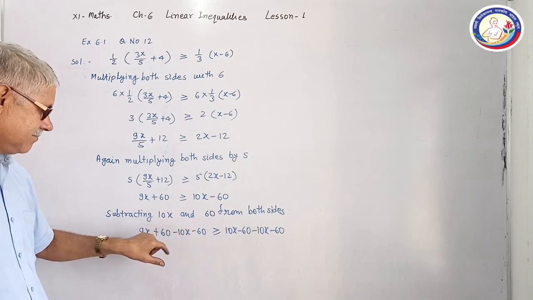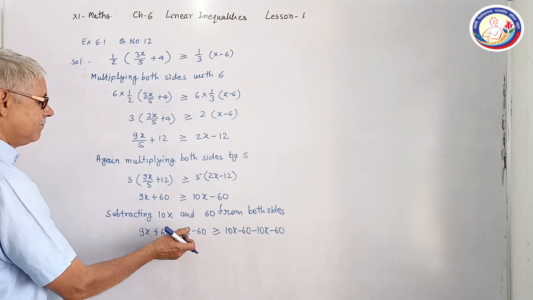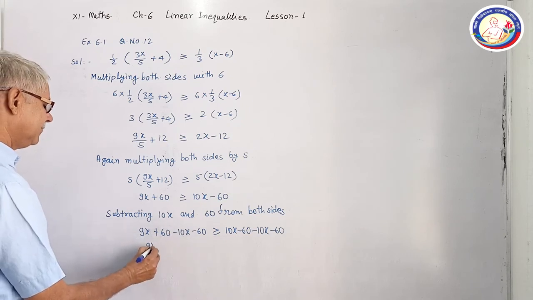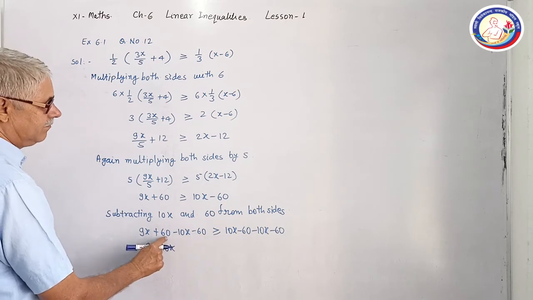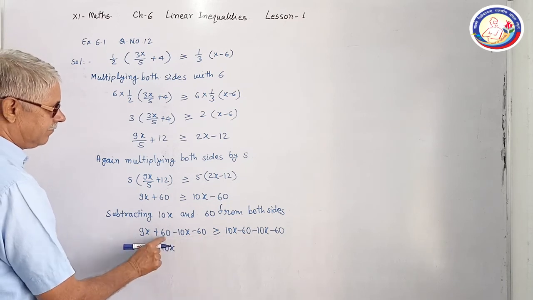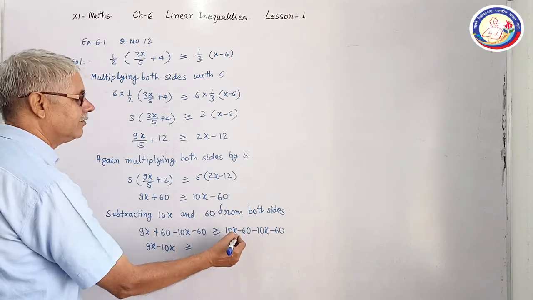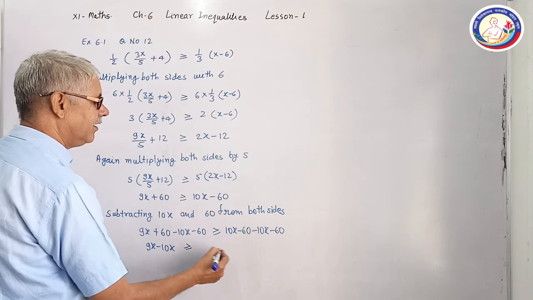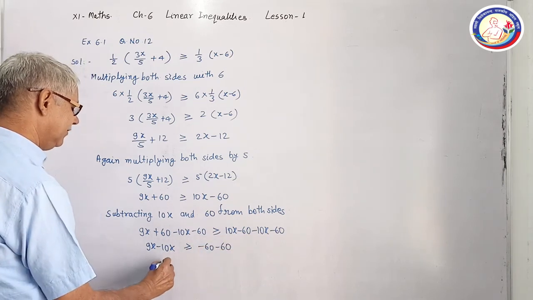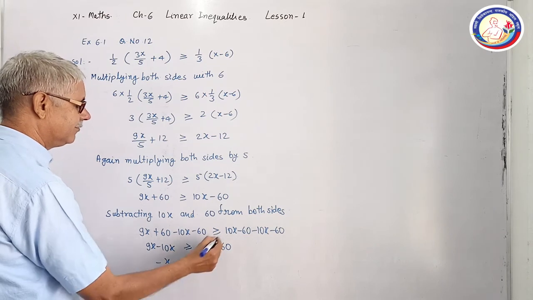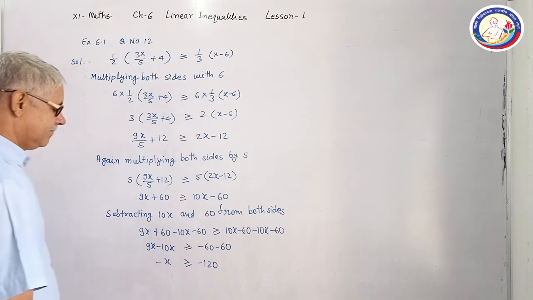This is minus 10x. Now on simplification, we will have 9x minus 10x and this 60 minus and with plus sign cancels and it becomes 0 is equal to 10x minus 10x is 0 and minus 60 and minus 60. So minus x will be greater than or equal to minus 120.